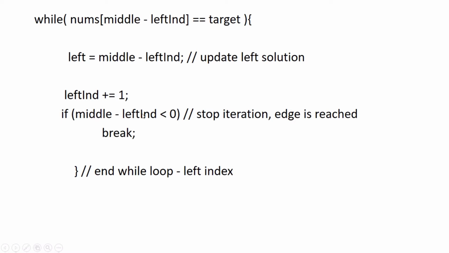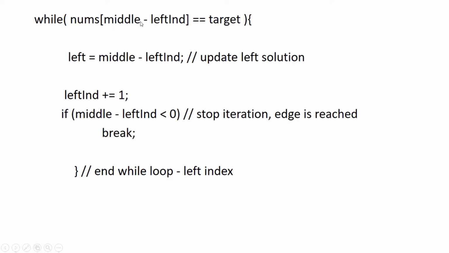If not, we keep doing this again. We subtract the left index from the middle. If it is the same target, then again we update our left to the new value, which is our left solution. We increment the left index again. We go back again and check if it is still the same. So this while loop is going to exit when this is no longer satisfied.